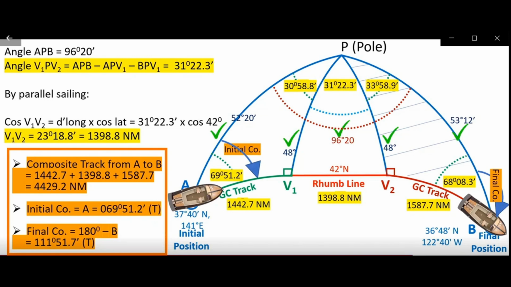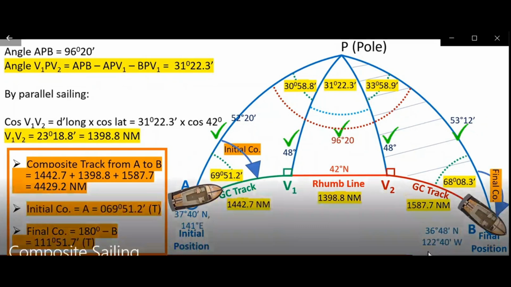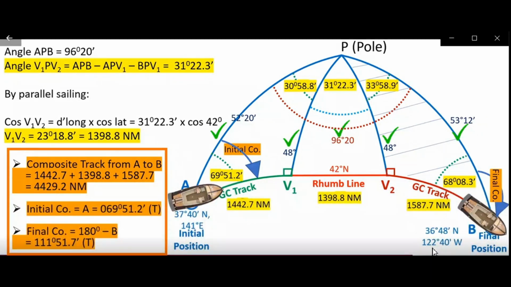The longitude of V1 was coming 171.98 degrees east, adding the angle P to the longitude of A. Same way for position B, I added P to the westerly longitude. So a westerly longitude will come. It was coming 169 degrees 14 minutes west. Is it 169 or 159? Maybe 156, sir. Yes, 156 will come, beta. See this, 156 28.8 west. Then my calculation is wrong, sir. Do it carefully, you make mistakes.